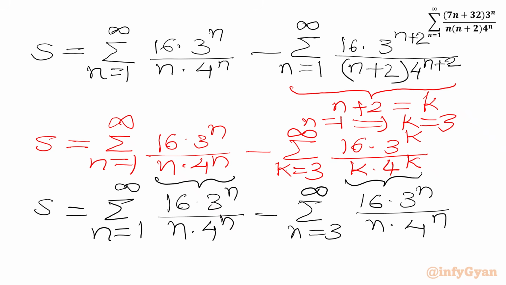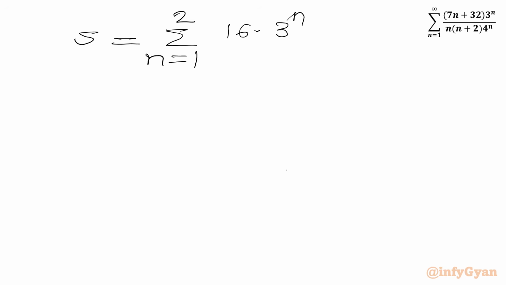Now we will take this difference. So we are going to get sigma n = 1 to 2. Rest of the terms will get cancelled out. We will get S equal to sigma n = 1 to 2 of 16 times 3 power n over n times 4 power n.